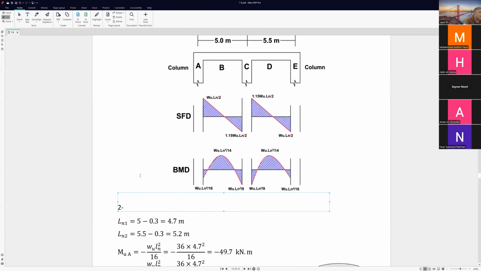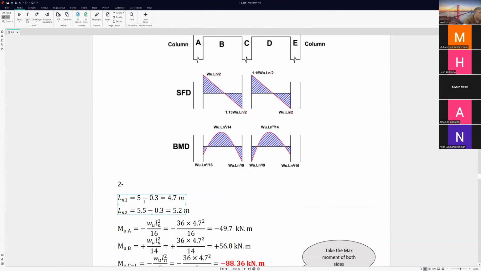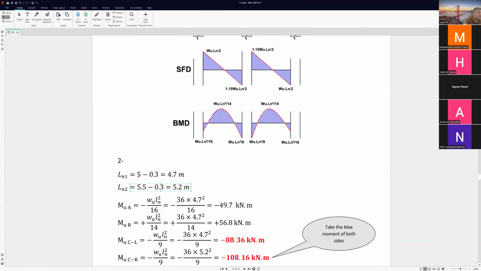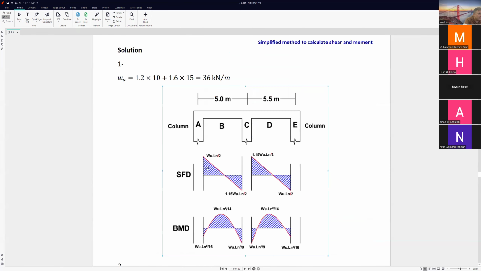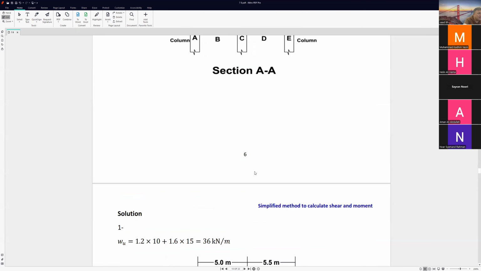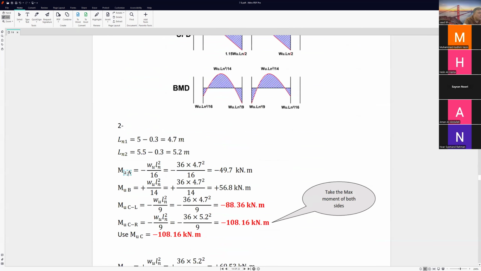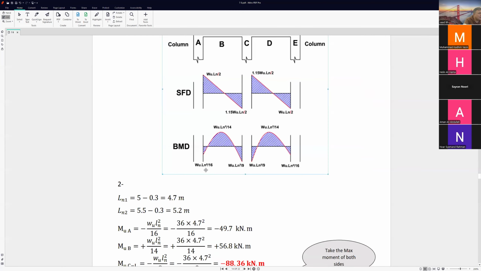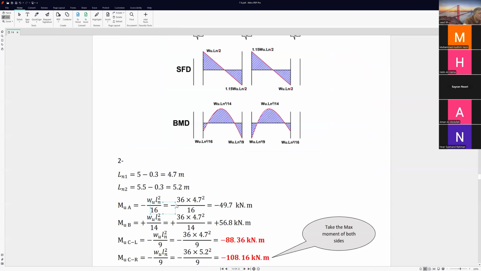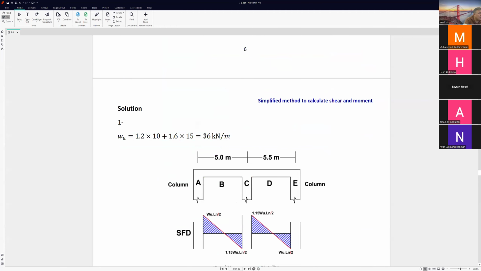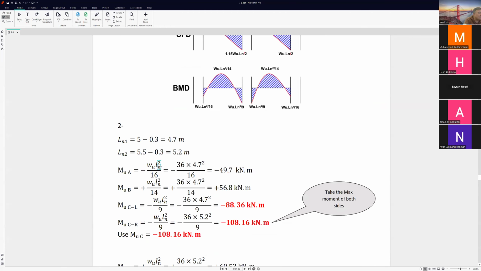So now we have Ln1, which is 5 minus 0.3, I said 4.7. Then we have 5.5 minus 0.3, which is equal to 5.2. So this is Ln, the first span and the second span. So Mu, we say Wu Ln squared over 16, where Wu we calculated as 36, times 4.7 squared over 16.